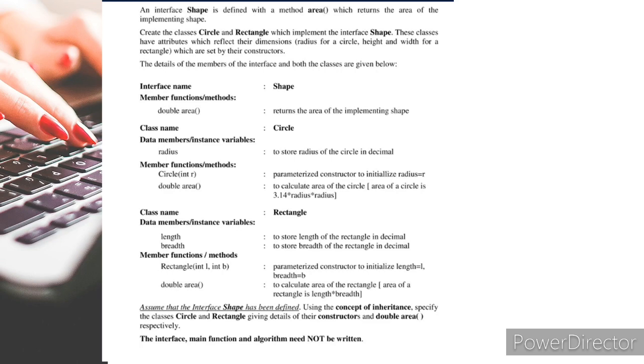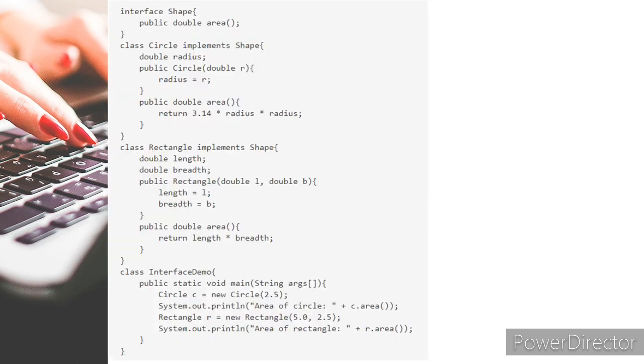Let's have a look at how to solve it. Interface Shape, as per the question, has public double area, this is the prototype. Class Circle implements Shape, because under Shape we have double area, and double radius is a data member of class Circle. Public Circle(double r) is a constructor.